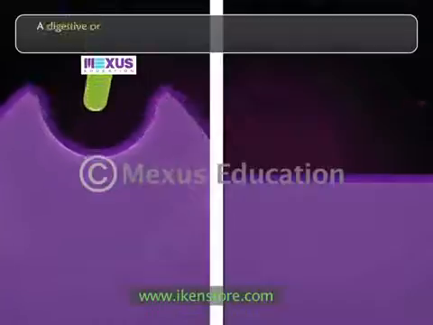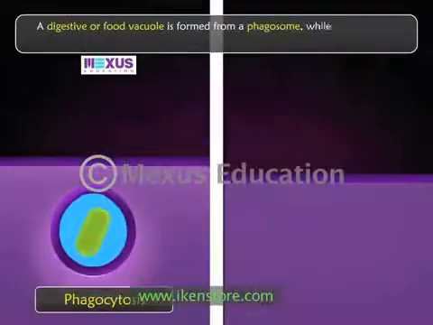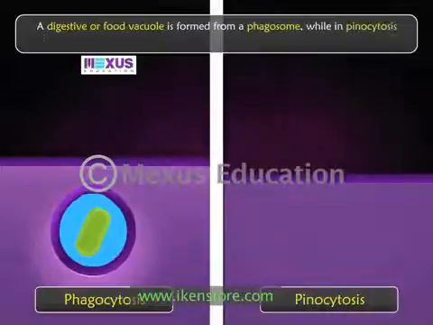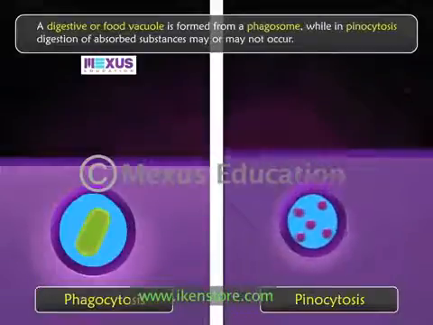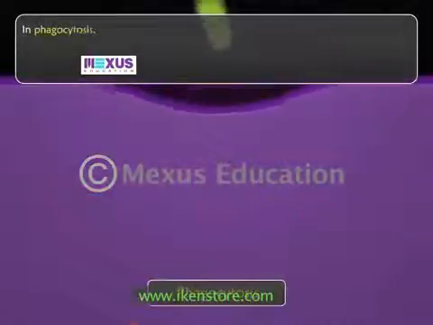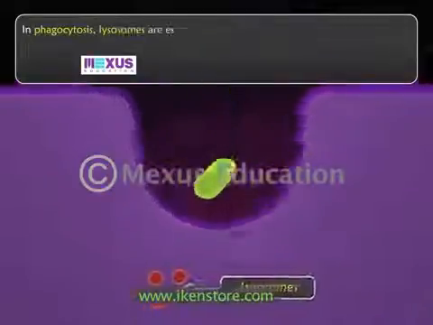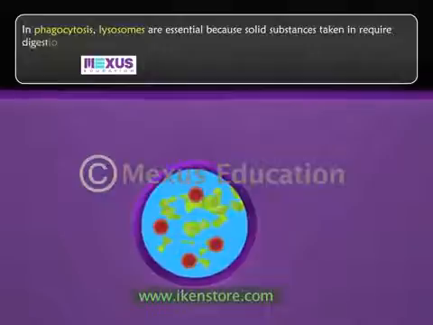A digestive or food vacuole is formed from a phagosome, while in pinocytosis, digestion of absorbed substances may or may not occur, and accordingly, a food vacuole may or may not be formed. In phagocytosis, lysosomes are essential because solid substances taken in require digestion.